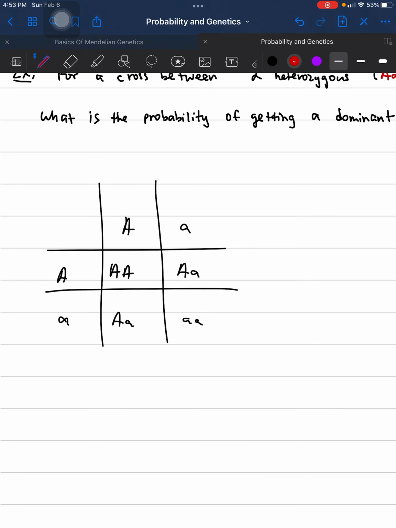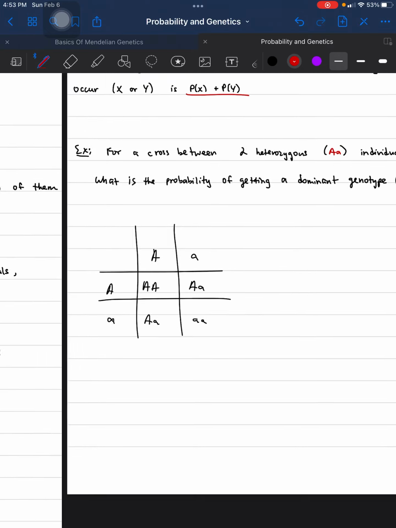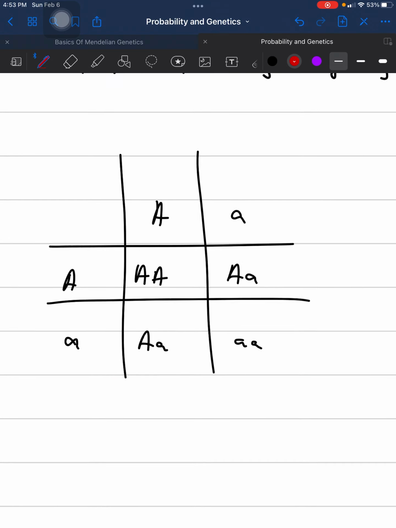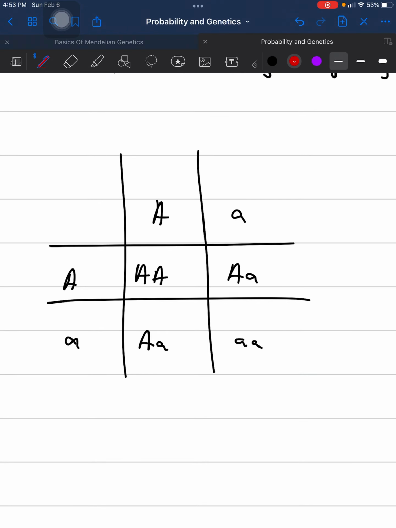There are basically three events that can lead to a dominant phenotype. One way is that there's one dominant allele coming from the father and one from the mother, which gives us a homozygous dominant.